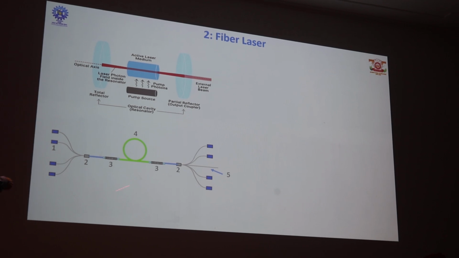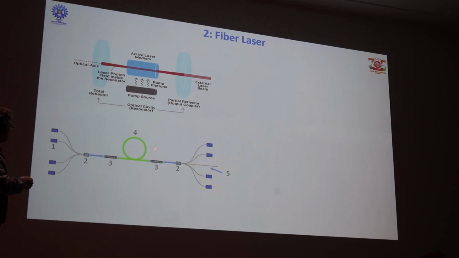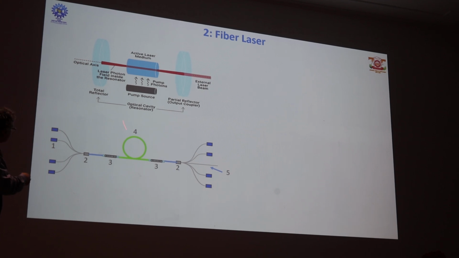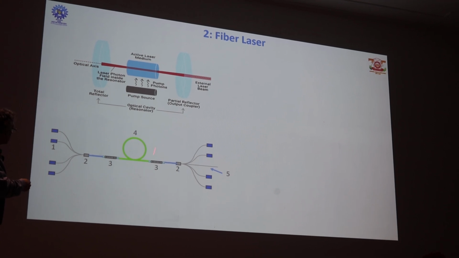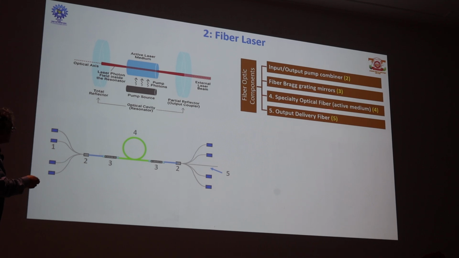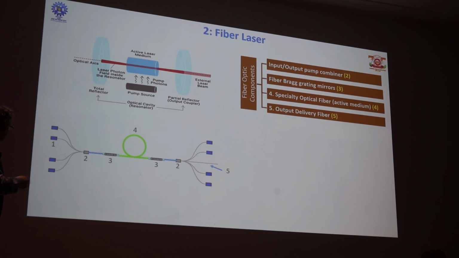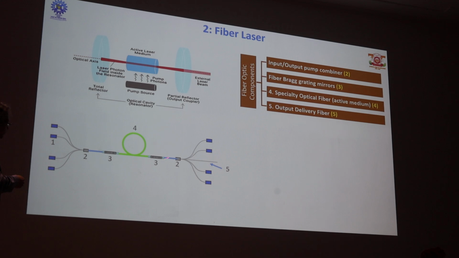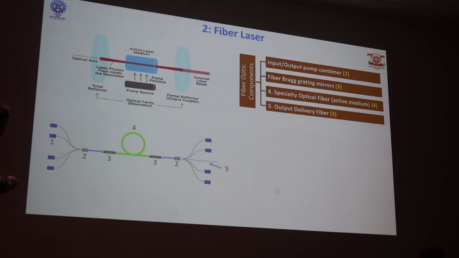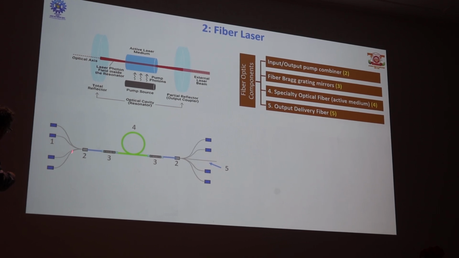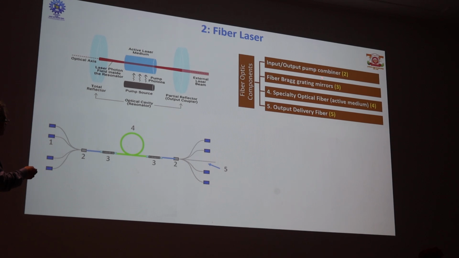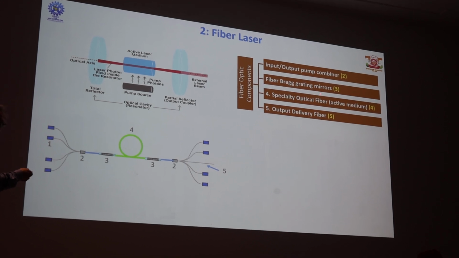If we try to conceive its replica in terms of an optical fiber, this active medium should be replaced by a specialty optical fiber. For the reflectors, we have already seen that the Bragg grating has a very nice mirror or reflector, so these 2 should be Bragg gratings. And finally, this pump source should also be built into this optical fiber. So if these are the diode lasers, there will be a second device, which is the input power combiner.